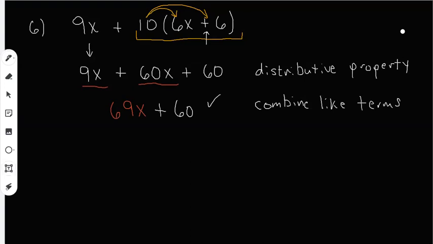Now, I'm going to skip 7, and I'm going to go down to 9. I'm going to do 9 next. Okay. So number 9 says we have negative 9 times 8n plus 1, with 8n plus 1 inside parentheses.